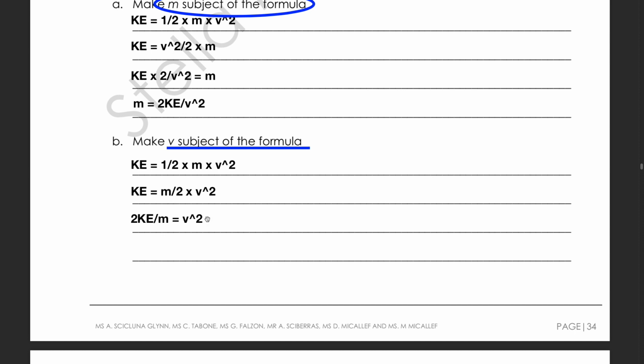Now, once again, we were asked to get v subject of the formula, not v squared, which means that in order to get rid of the power of 2 on this side, we have to square root the other side. And that will give us v equals the square root of 2KE divided by m, which can also be written like this. v equals the square root of 2KE divided by m.